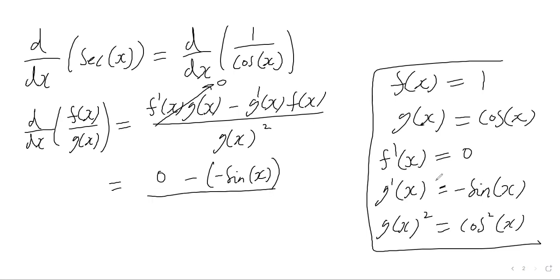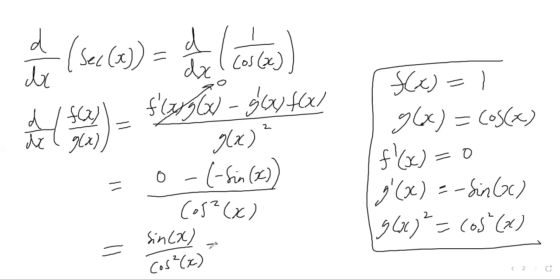And then divide that all by g of x squared, so that's cos squared of x. Okay, perfect. So now we can simplify this. So we've got 0 minus negative sine of x, that's just sine of x, and that's all divided by cos squared of x.